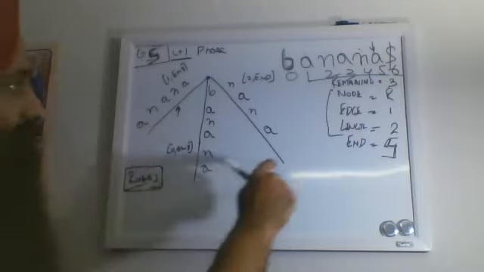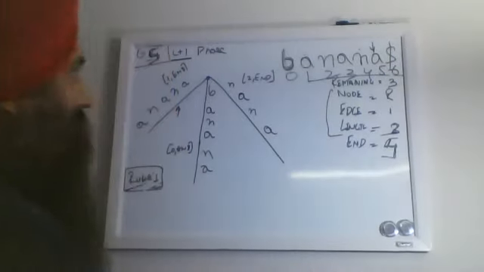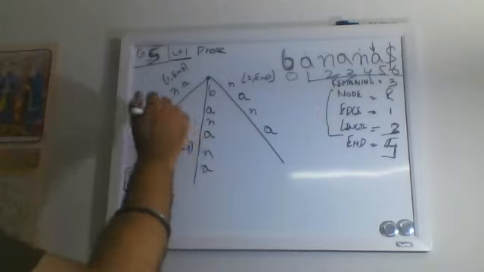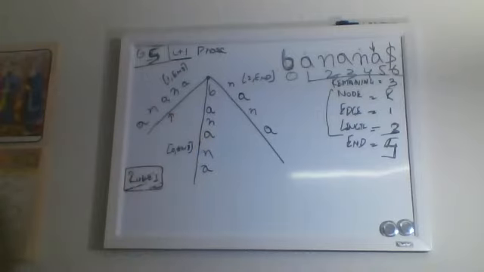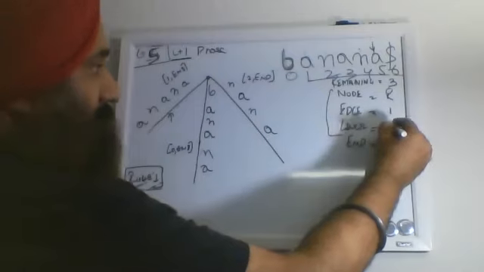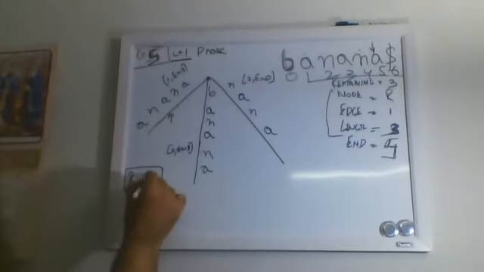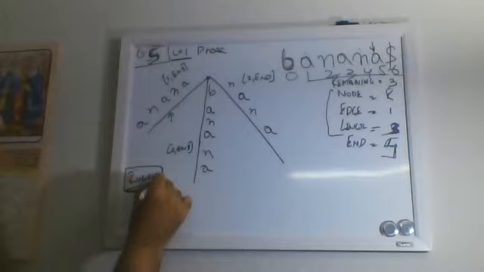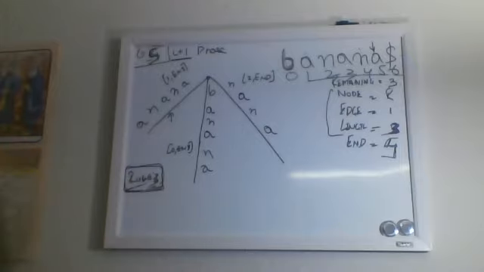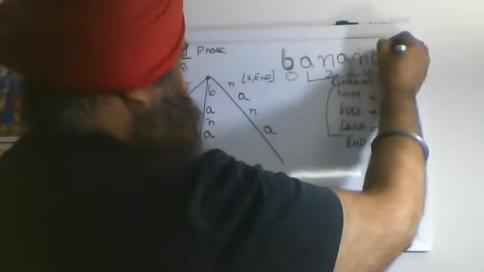Now your active point length is incremented by 1. You check A is present. So this rule 3 application applies again. It's present, you do nothing, you move to the next phase. You come here.